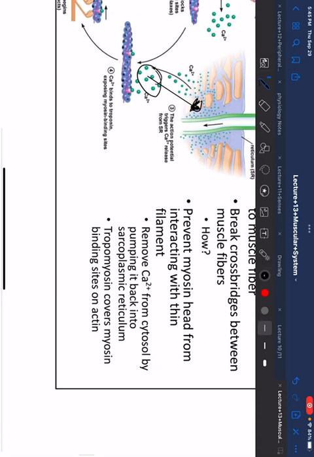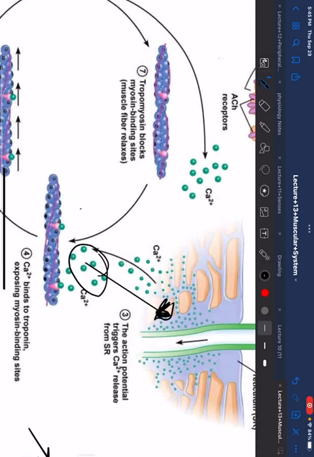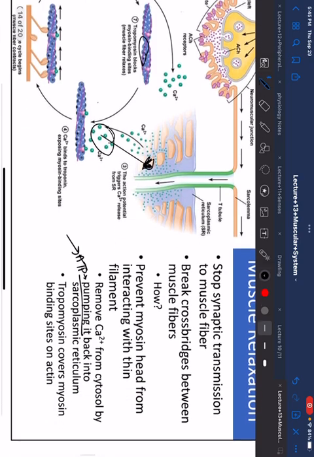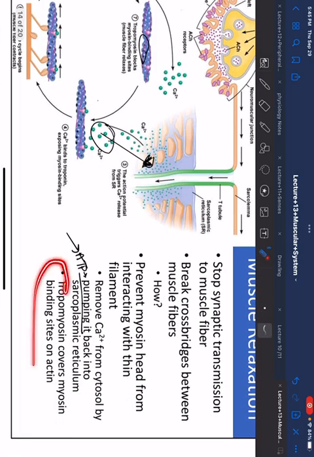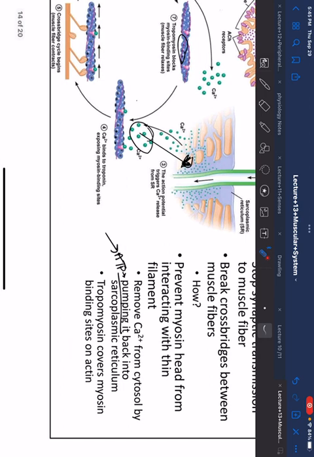And by putting the calcium back in there, that will then allow the tropomyosin cable to cover those black binding sites. So the myosin and actin cannot interact, and thus we cannot get cross-bridge cycling and muscle contraction. So it's written right here for you. When we get rid of calcium, the tropomyosin will cover the myosin head binding sites on actin.